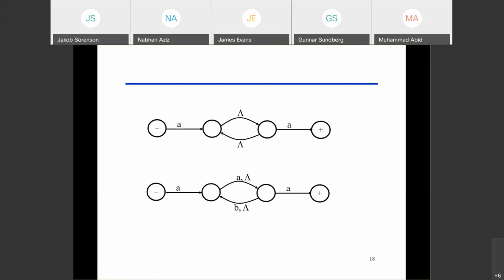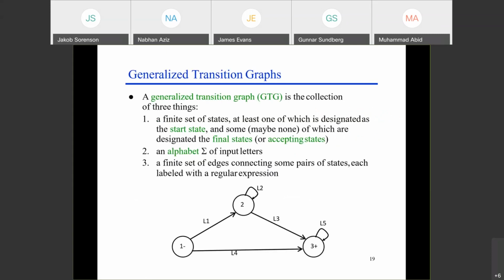So here we finish TG, and now we start the generalized transition graph, called GTG. A generalized transition graph is exactly the TG, but a more formal definition, you can say. And this will give you the idea of the power of your TG, how powerful TG is.